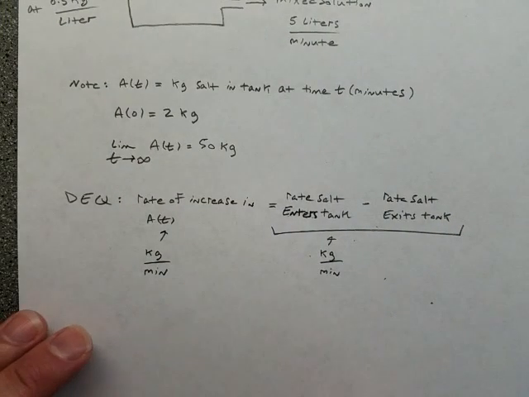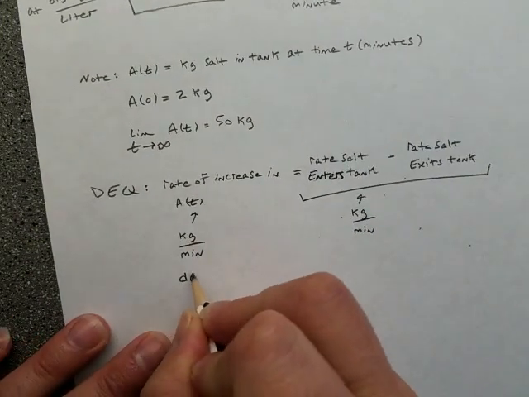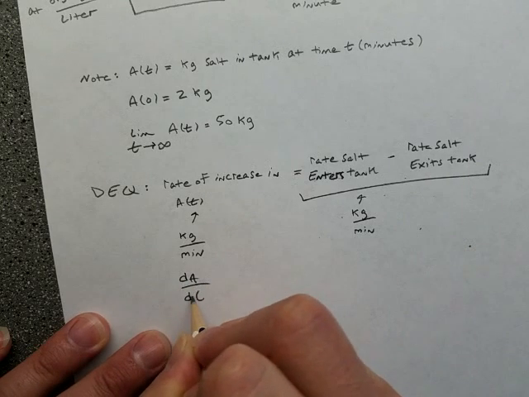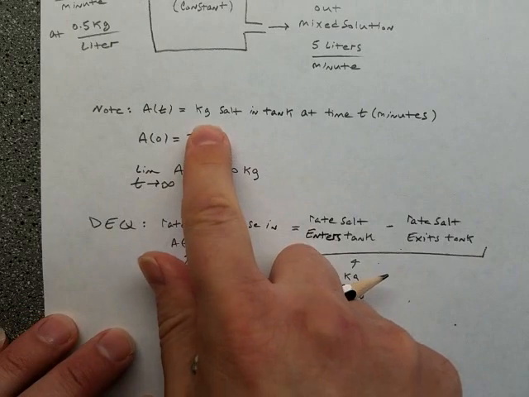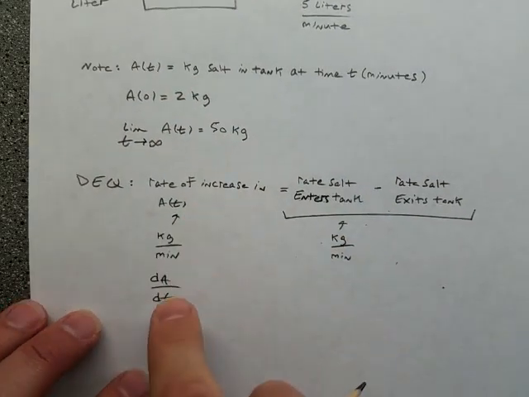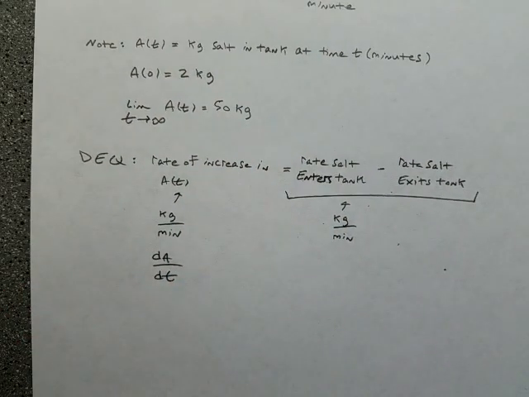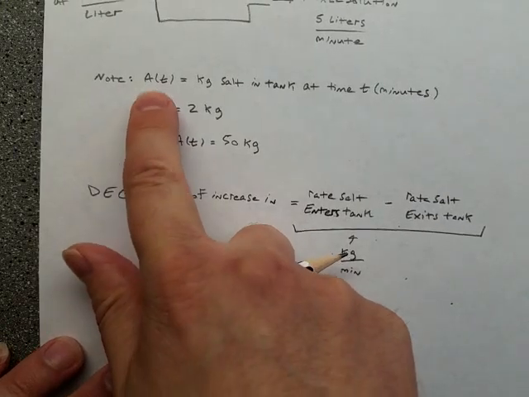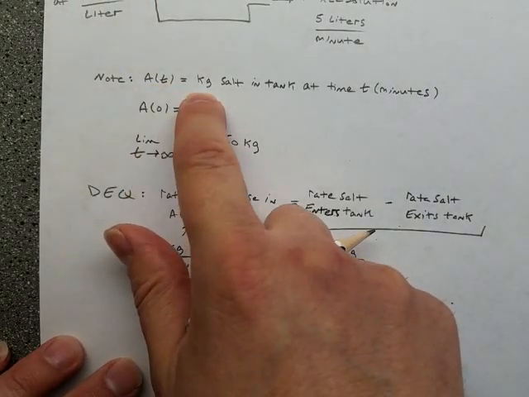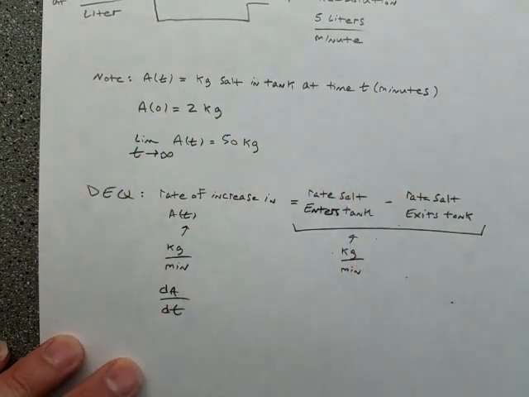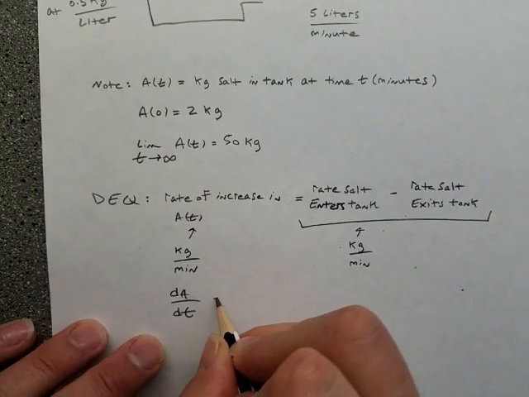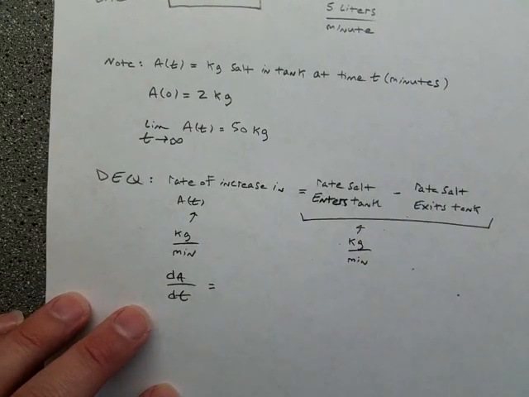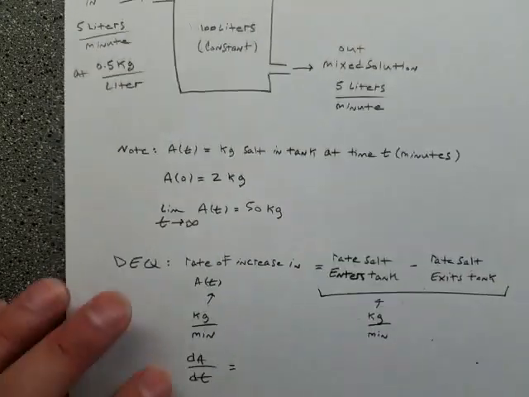Okay, so this differential equation, well, I don't know that because I don't know this function, but this rate of change would go by dA/dt, A being the dependent variable, the amount in kilograms, t being the independent, time in minutes. Okay, so how fast, in kilograms per minute, is salt entering the tank?